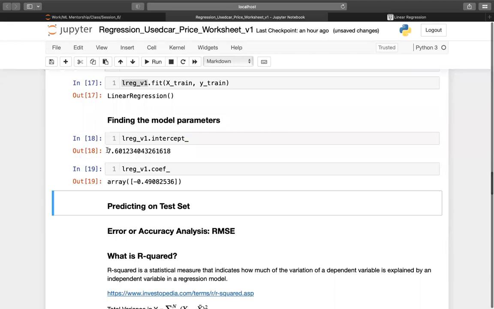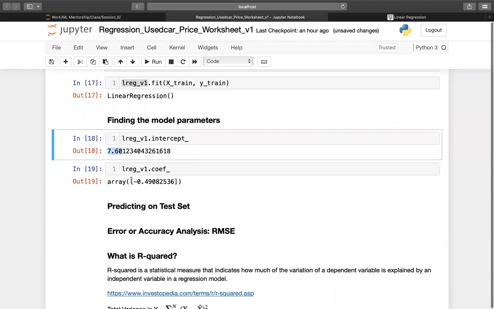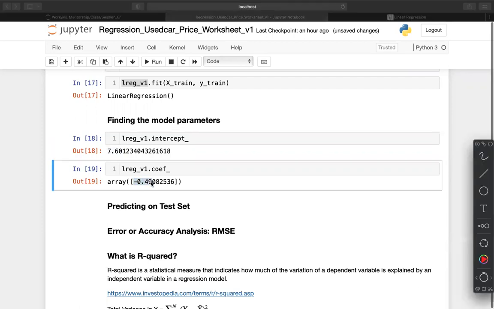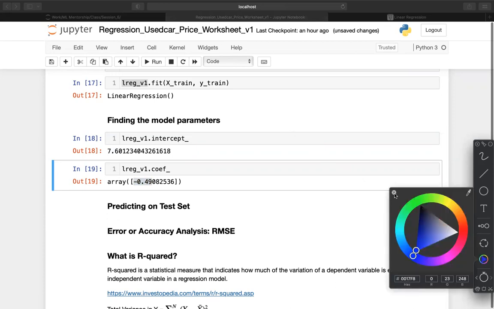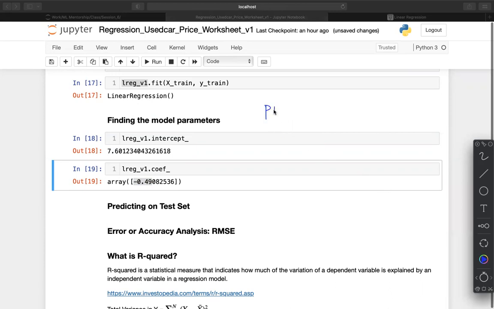So it says that the intercept is 7.60 and the coefficient is minus 0.49, which says that the model looks like, it's saying that the price of the car can be estimated like 7.60 minus 0.49 multiplied by age.